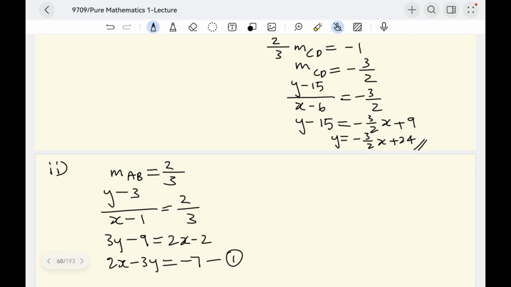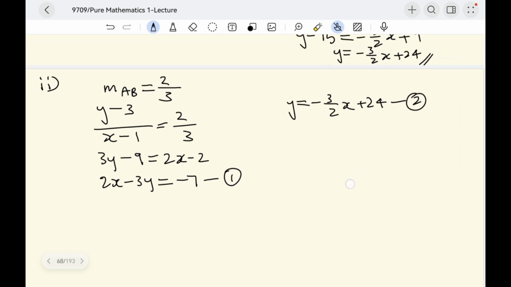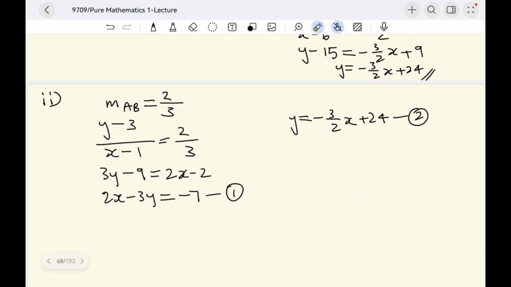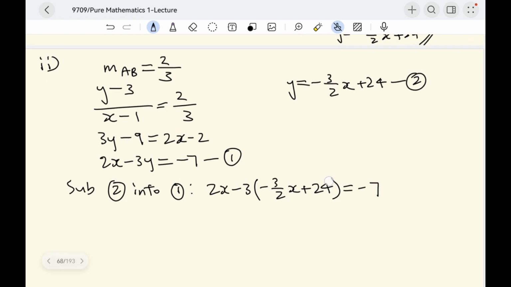Meanwhile, you have another equation that resulted from CD. So that's your equation 2. Alright, to get rid of the variable y, I can substitute the second equation into the first equation, to find the x first before finding the y.